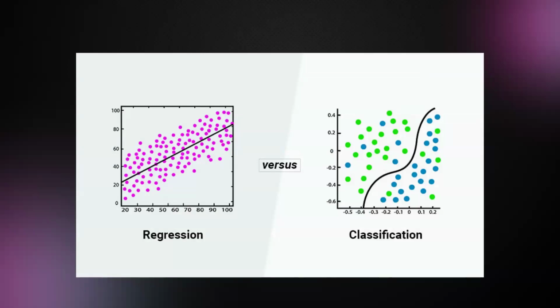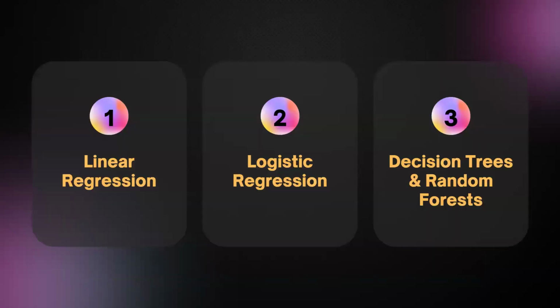So if you don't understand, don't worry, this is what the entire class is going to be about. Here on the left, you'll see a linear regression line being fitted on the data, and on the right you can see that this is not a linear line, but we've got a plane which is separating the green from the blue. Okay, so that's a classification. This is just an example to show you the difference between regression and classification.